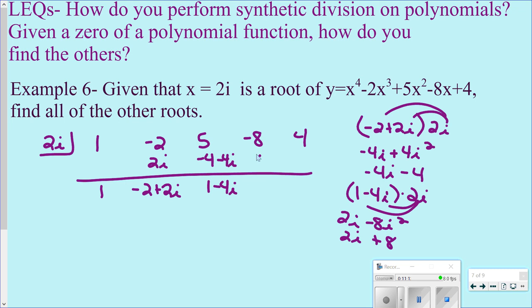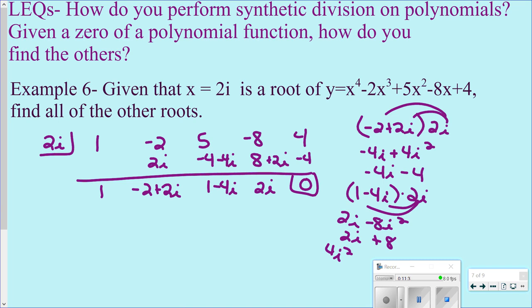So again, I'm going to line up the 8 with the real -8 and then plus 2i. That gives me just 2i. And then I have 2i times 2i, which I know is 4i squared. And 4i squared is 4 times -1, which is -4. So I did get that 0 remainder, which I was expecting. If you don't, you did something wrong. So go back and find your mistake. But we did get the 0 remainder.